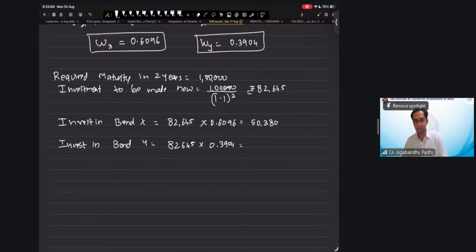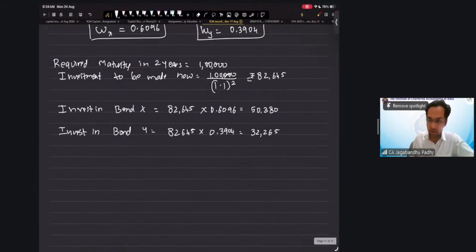What about bond Y? 32,000 something. Investment in bond Y will be 32,265.